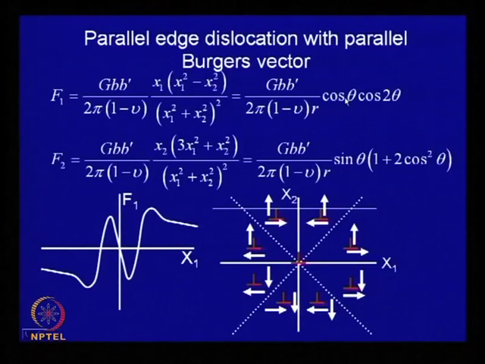Basically, x2 is fixed, and at which value of x1 will this be maximum? You can differentiate and find it out. This is the distance where F1 is maximum, and this will be symmetric on either side.